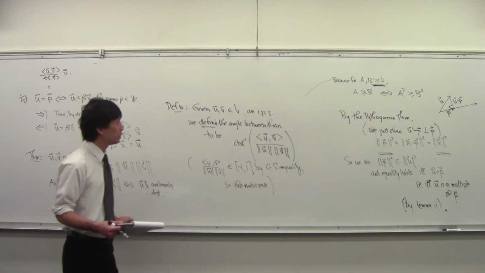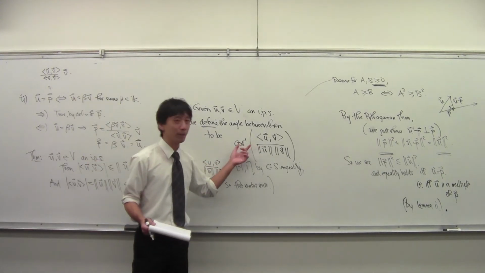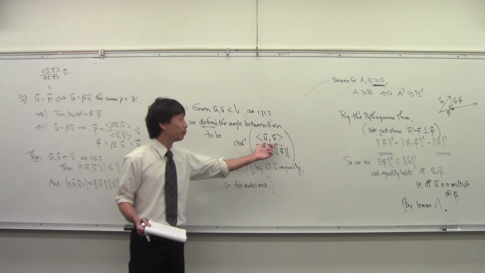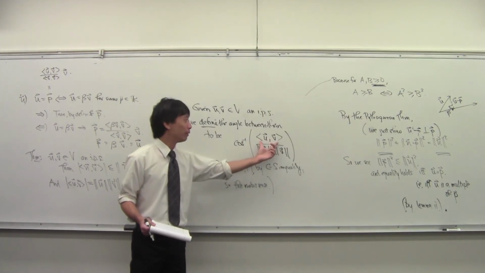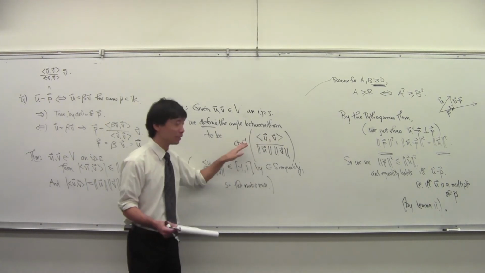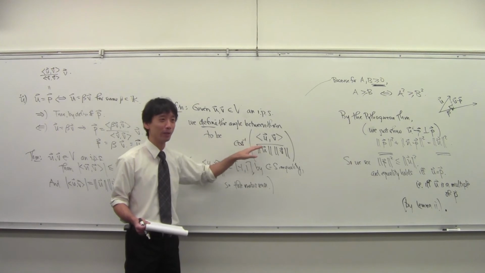Okay. So we define the angle, and then once we've defined the angle in that way, by construction, we have the geometric definition of the inner product. But that's nothing miraculous. We made up the angle so that happens.